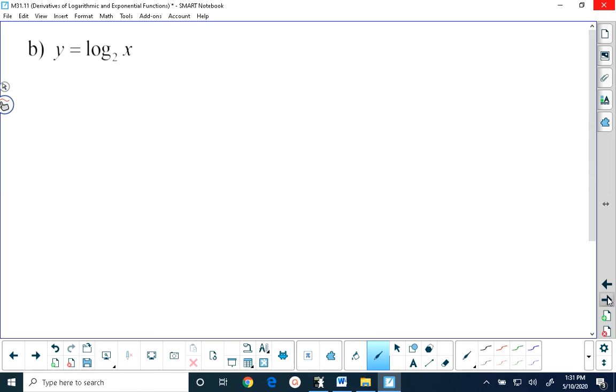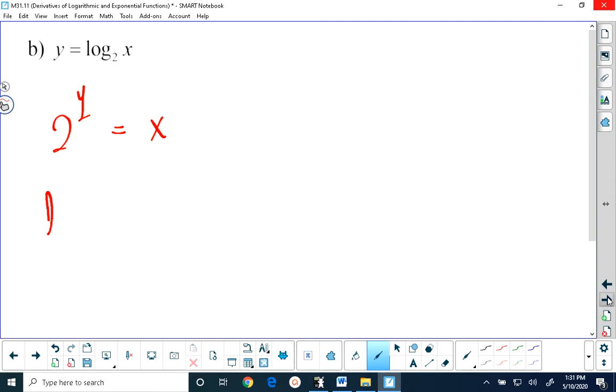Y equals log base 2 of x. Well, let's rewrite this in exponential form. 2 to the y is equal to x. And now what we're going to do is take the natural logarithm of both sides.